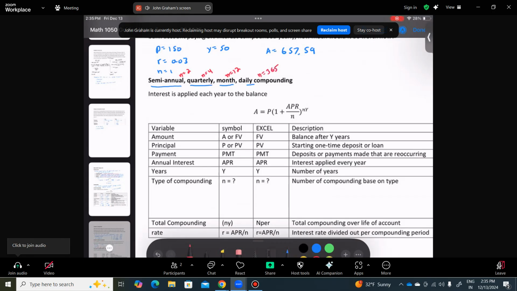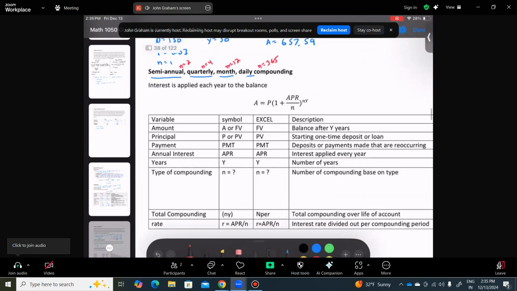We don't take into account leap year. All right. Everything else stays the same with this formula. Your P is still your principal, your APR is still your rate, N is still your number of compoundings that changes. Y is your number of years.